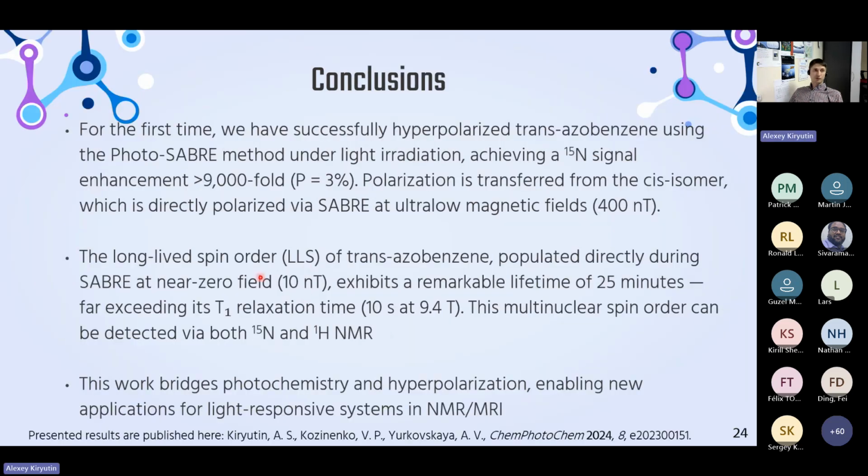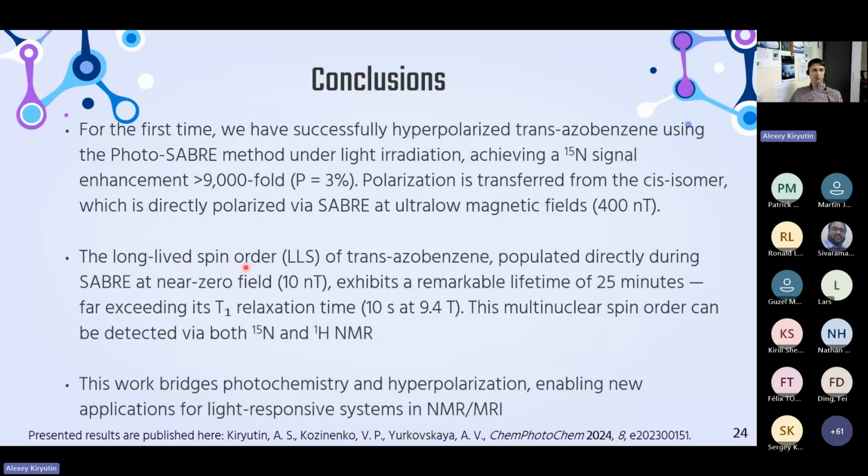So in conclusion, for the first time, we have successfully hyperpolarized trans azobenzene using the photo-SABRE method under light radiation, achieving a 15N signal enhancement of more than 9,000, which is 3%. Polarization is transferred from the cis isomer, which is directly polarized via SABRE at ultra-low magnetic fields.